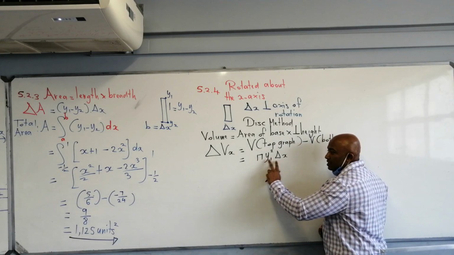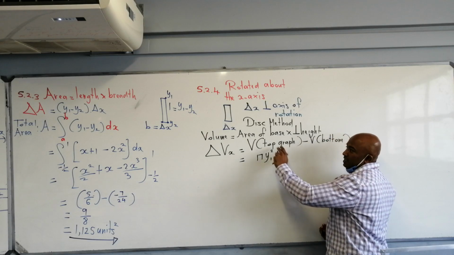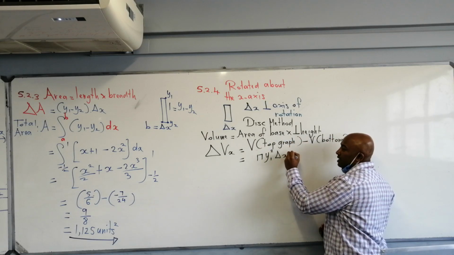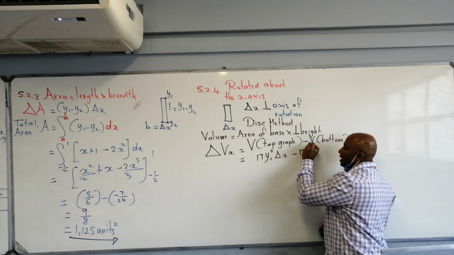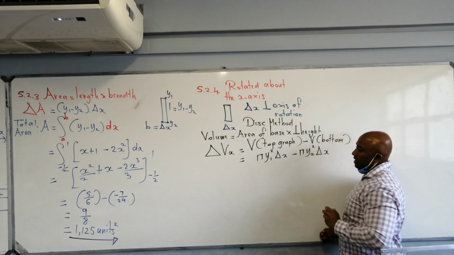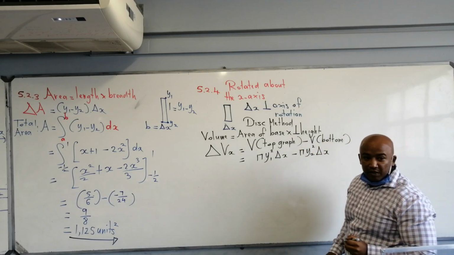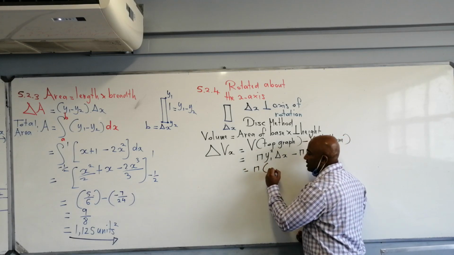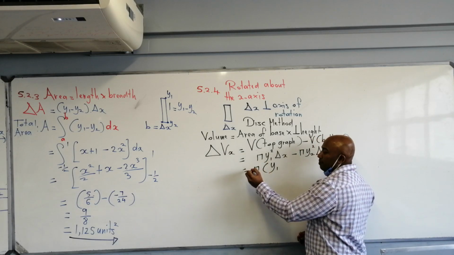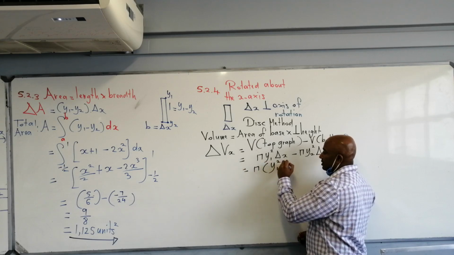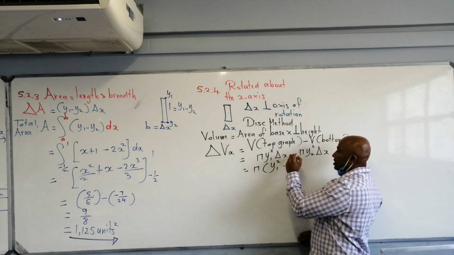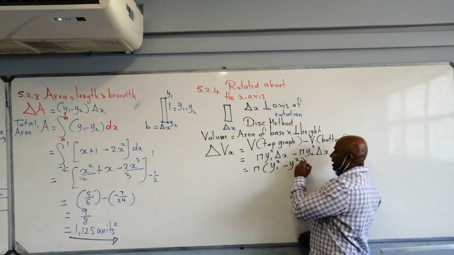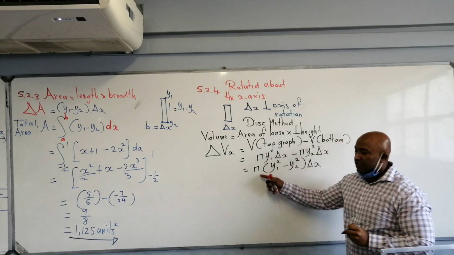So it's pi y1 squared delta x, that's area of base times height, minus pi y2 squared delta x. Volume of the top graph minus volume of the bottom graph. Now you factorize this, take out pi in front, and take out your dx at the end there, and there's your formula.